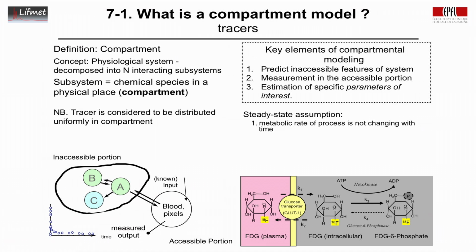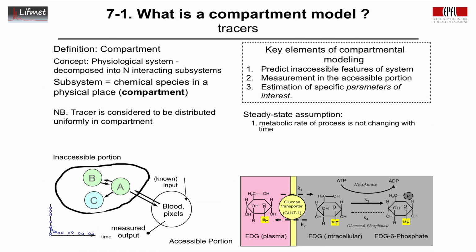Now, modeling, assessing the kinetics, we're making steady state assumptions. And there are two assumptions here that are important to mention. One is that the metabolic rate of the process is not changing with time. So we are assuming that, for example, the rate of glucose metabolism inside our cells as we do the measurement is not changing.